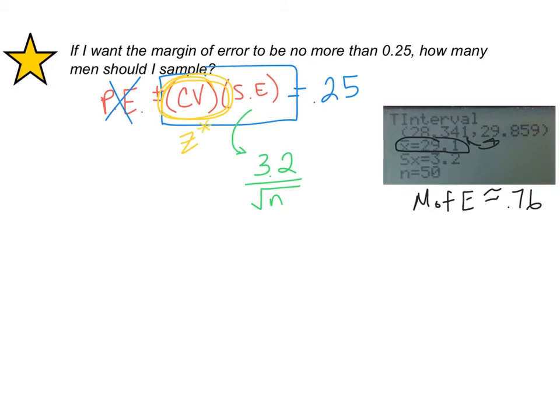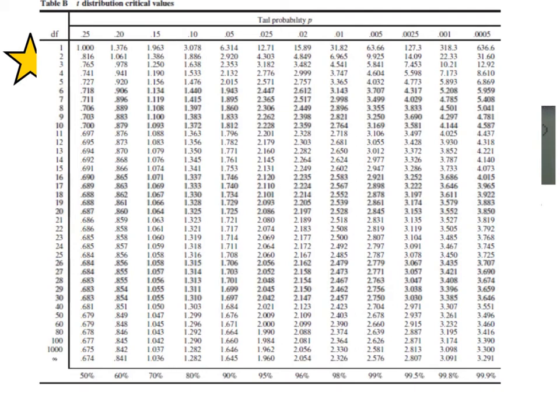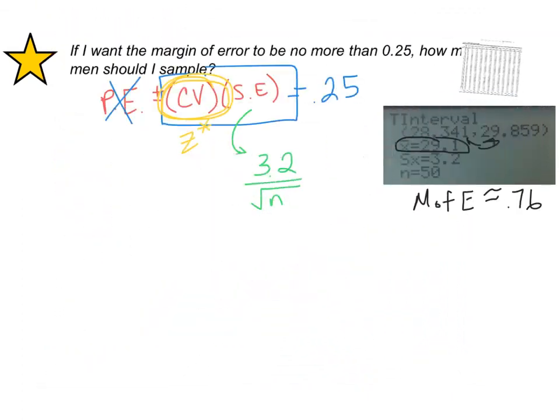So let's look up the z star that goes with 90%. So you'll remember that we go to our table B, the t distribution, go down to 90% down here. The z is 1.645. So I'm going to get this out of my way, put that up there. It is 1.645.